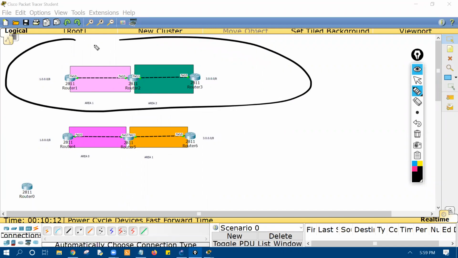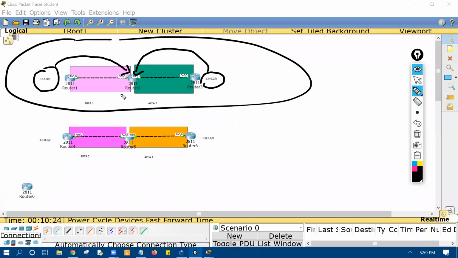In this case, what happened? R1 has advertised this route, R2 will install. R3 will advertise this route, R3 will install, R2 will install. But as I told you, only the summary LSA will be exchanged between the areas. Right?